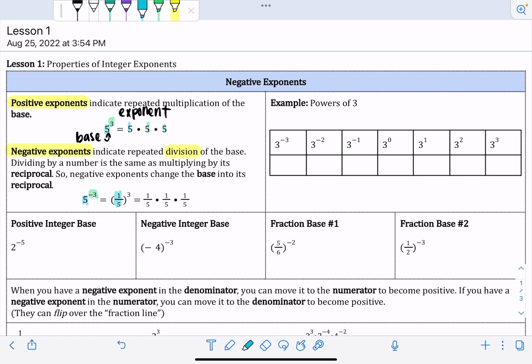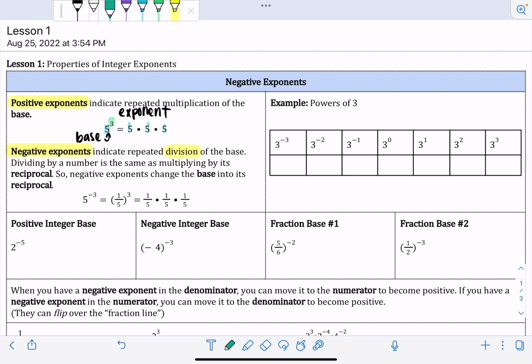Reciprocal is just the flipped version of a fraction, essentially. Then we can take that 1/5 and multiply it 1, 2, 3 times together because the exponent was a 3. Notice that when we go from a base to its reciprocal, the exponent changes from negative to positive.